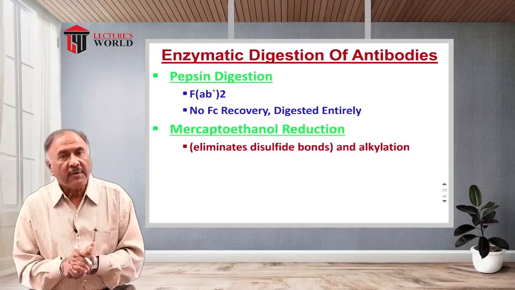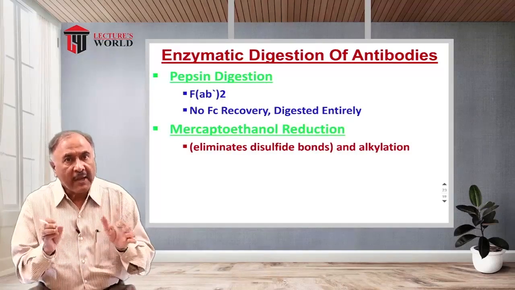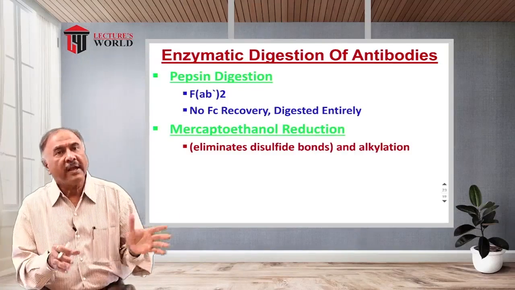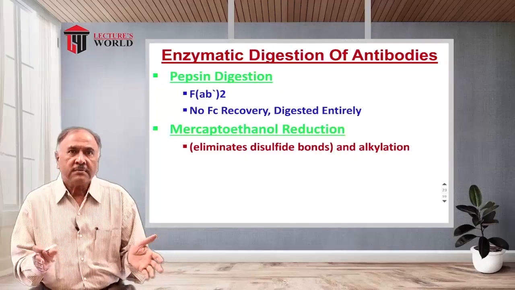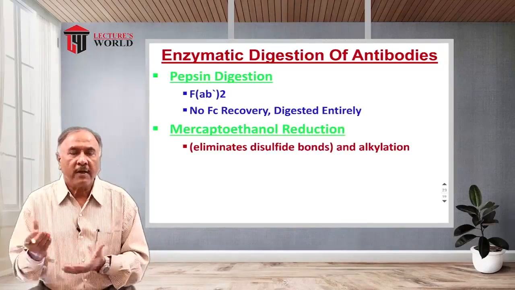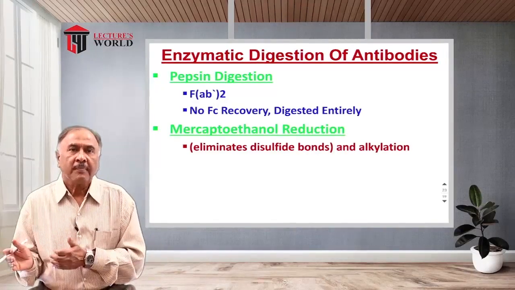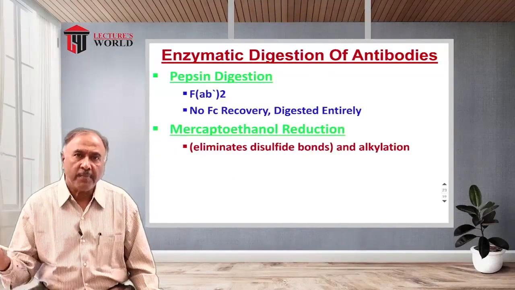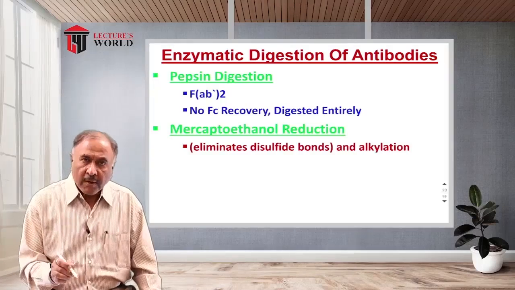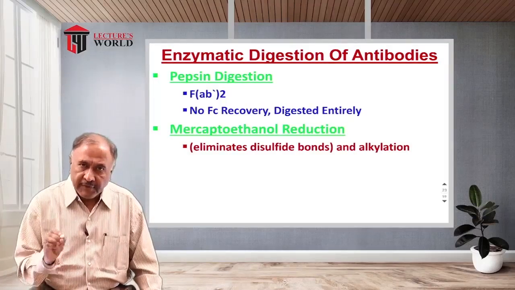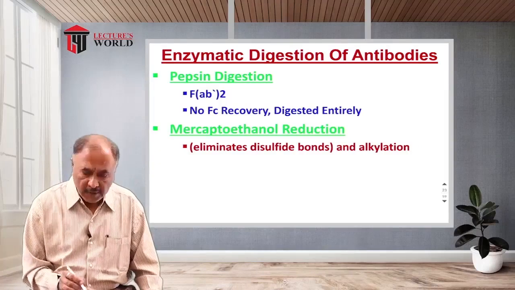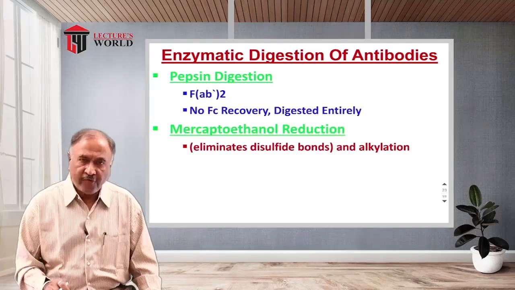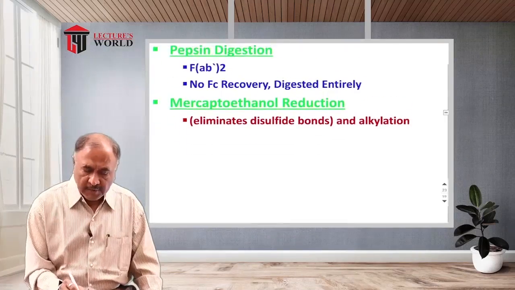When they treated this immunoglobulin with a particular enzyme like either pepsin or papain, they again carried out electrophoresis, so that the protein molecules that have been broken down would show different electrophoretic mobility in different components. So when they did this digestion with pepsin, they obtained two fragments. What were those two fragments?